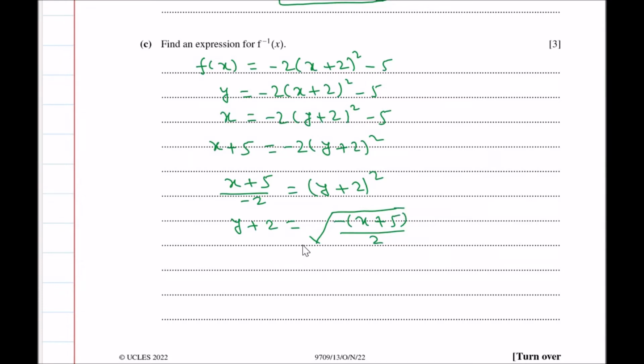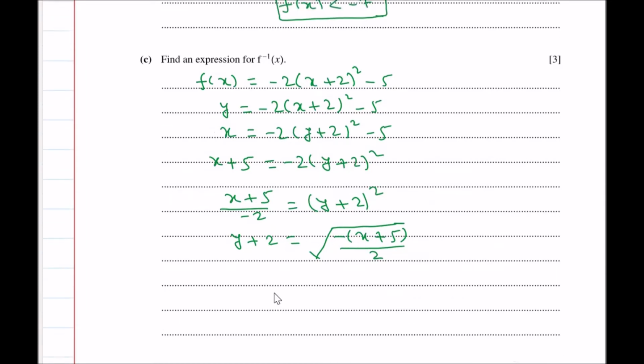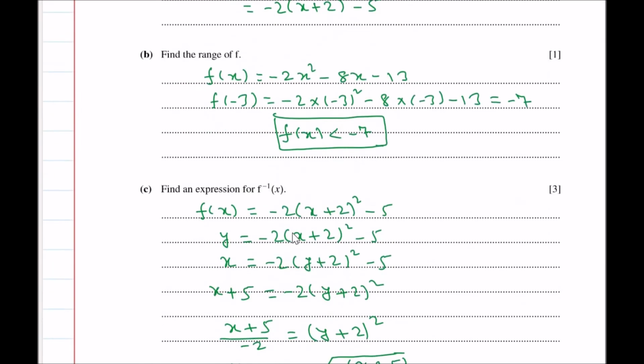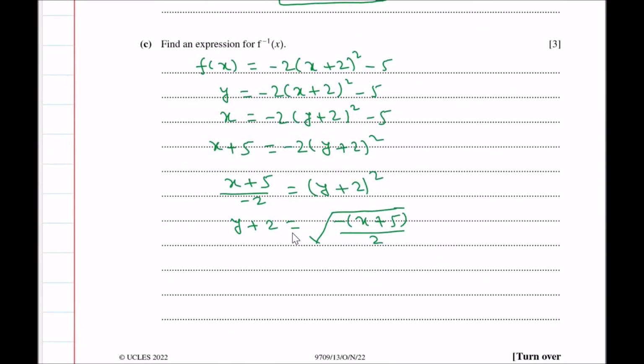Now, as we know that we can take here a plus minus both side, but for this function, what is applicable? So that we decide by putting x less than minus 3. So in place of y, if you put minus 3, we get 2 minus 3, sorry, 2 minus 3 is minus 1, which is negative. So here we have to take negative sign, not positive square root. We have to take negative square root.